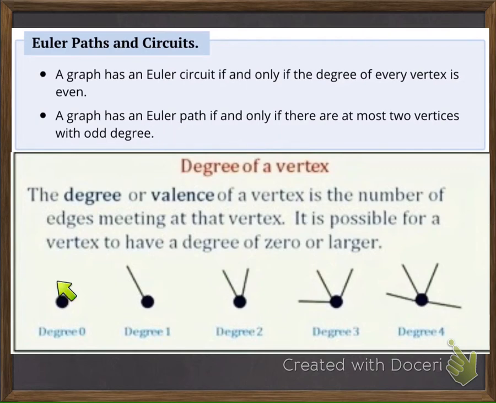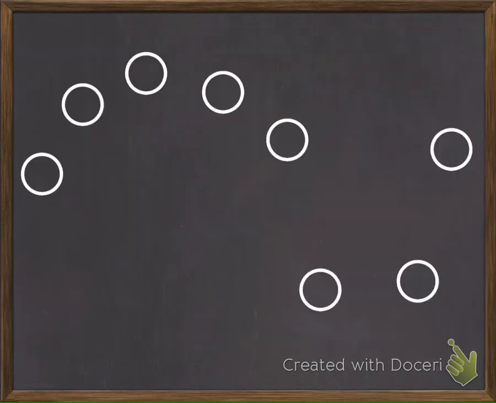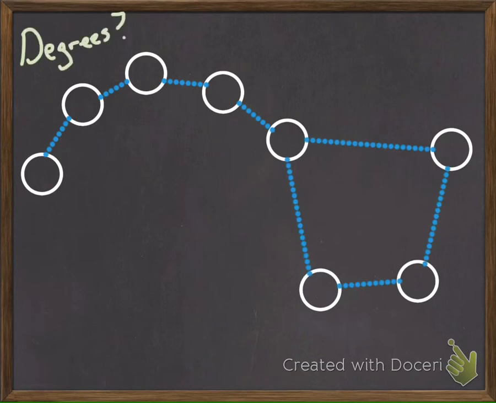And remember, here are degrees, right? The degree or valence of a vertex is the number of edges meeting at that vertex. It is possible for a vertex to have a degree of 0 or larger. So it's just the number of edges coming into that vertex. So let's take a look at this graph here. That's the Big Dipper. How many degrees do we have at each vertex? Well, there's only 1 here, and then there are 2 edges coming into this one.